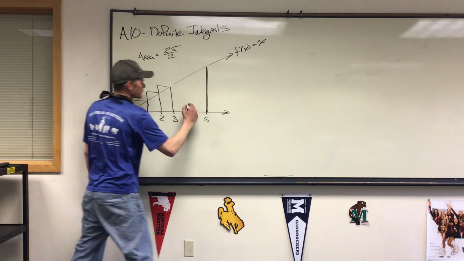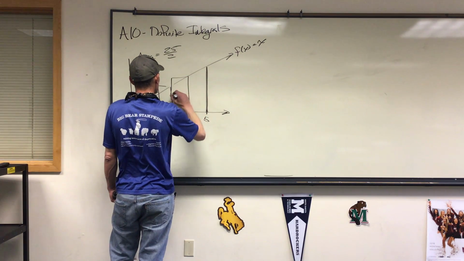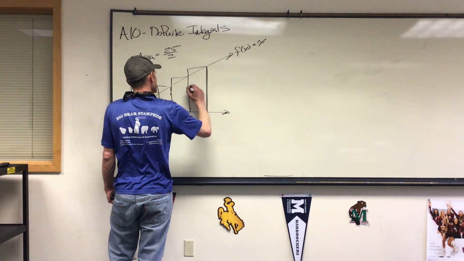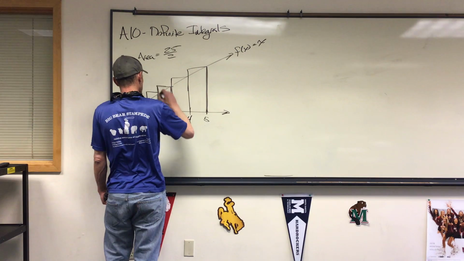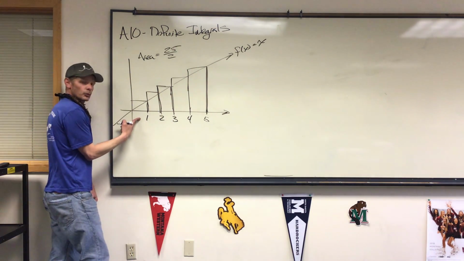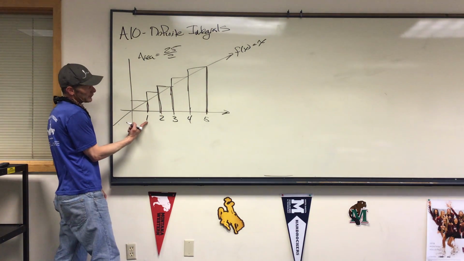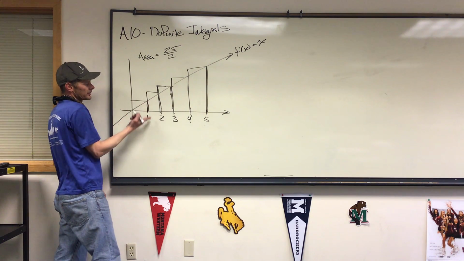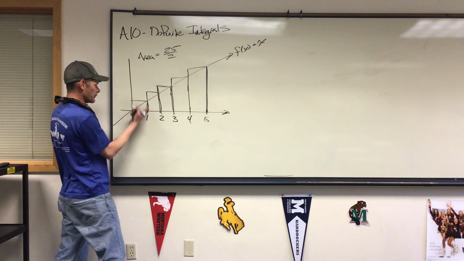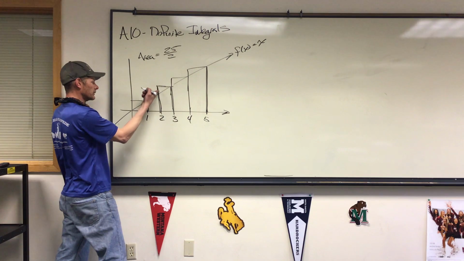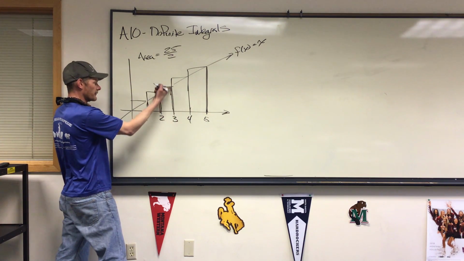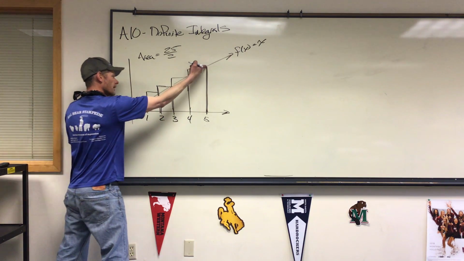I'm sketching rectangles because I know how to find the area of rectangles. It's really easy. It's just the height times the width. The width of these each is 1, and we can find the height by putting the x value into the function. Right? Boom. This is f of 2, f of 3, f of 4, f of 5.